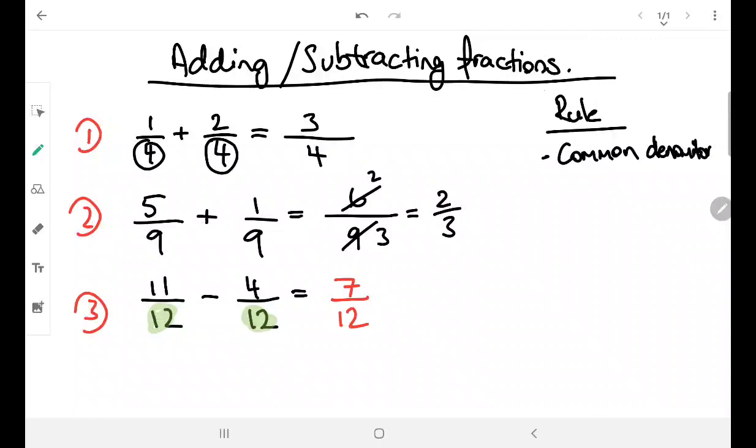As I said, the most common mistake students make is adding or subtracting the denominators as well. So watch out for that. Make sure we don't add or subtract the denominators. We only add or subtract the numerators in this case.